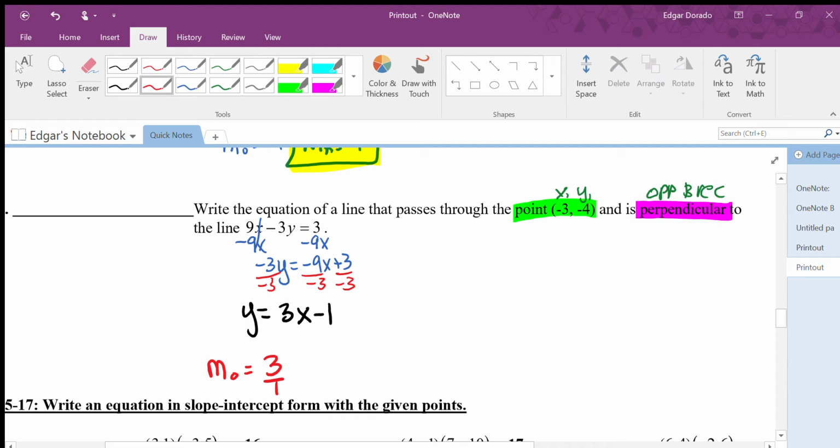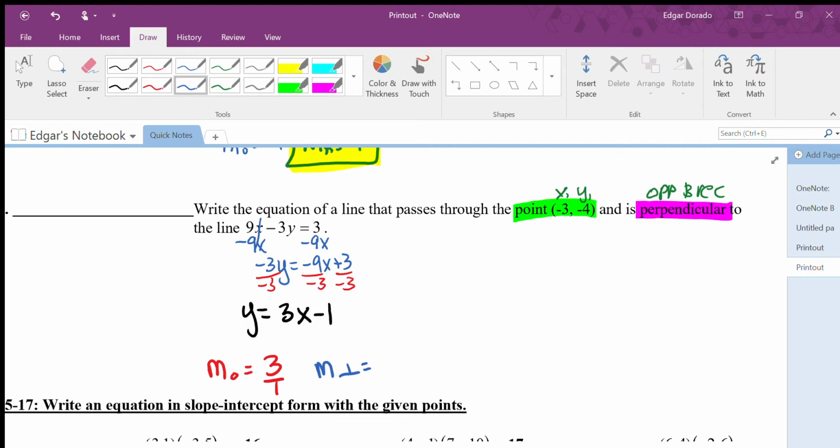But now we want something that is perpendicular to that. So my perpendicular slope has to be opposite and reciprocal. And remember, that's just the symbol for perpendicular, that little upside down T. All right. And the slope for a perpendicular line to that one means it has to be opposite, because the first slope that I was given is a positive 3 over 1.